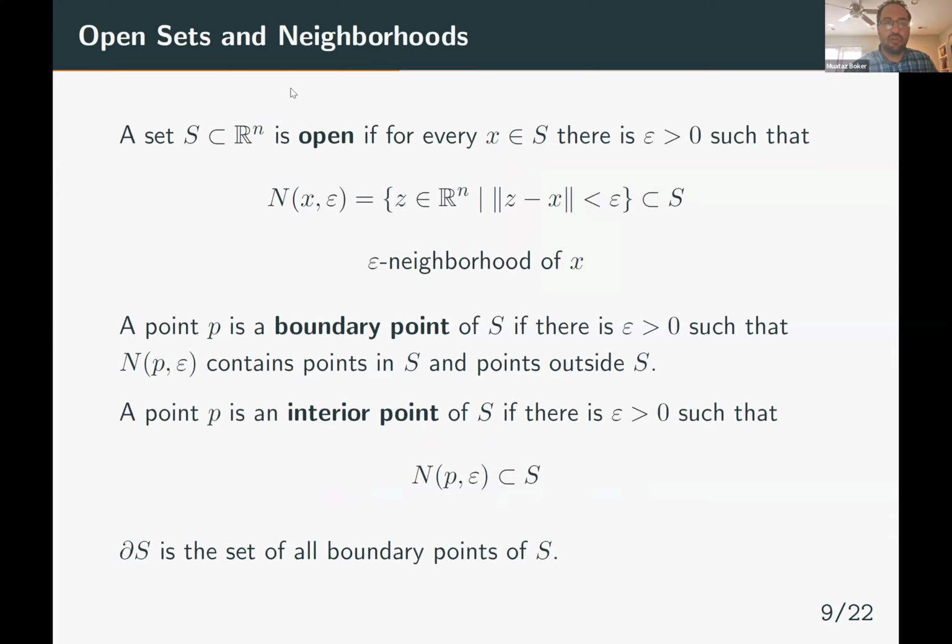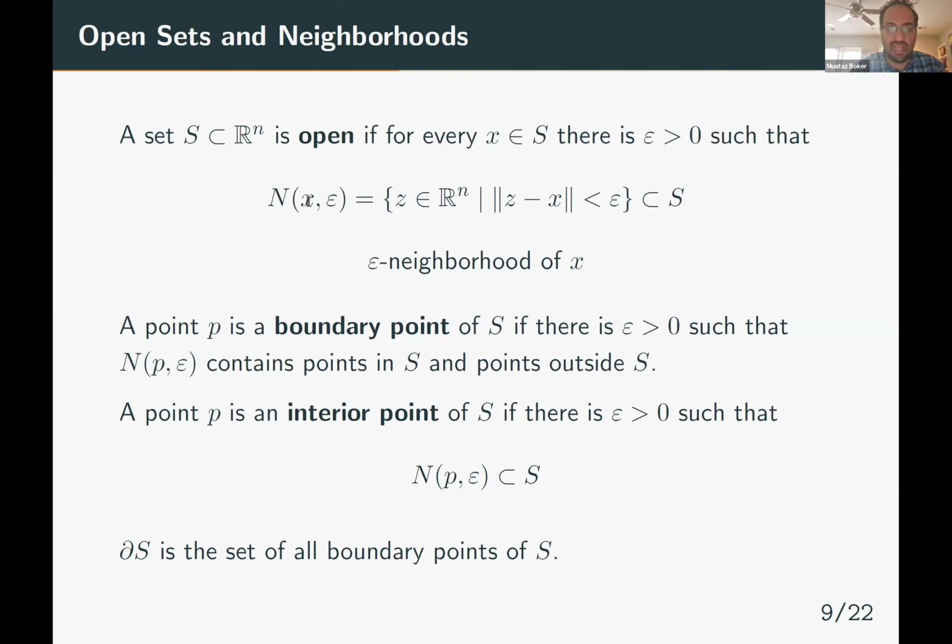All right, now let me also cover the notion of open sets and closed sets. A set S, which is a subset of real numbers of dimension n, is open if for every x that belongs to S, there is a positive epsilon such that we can define a ball.